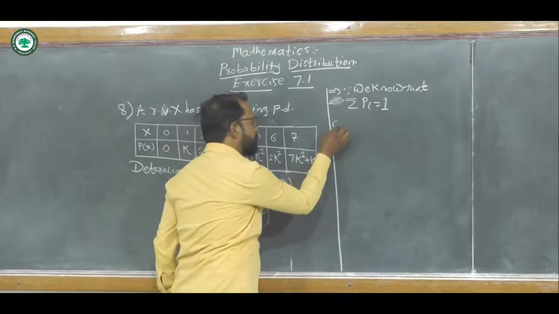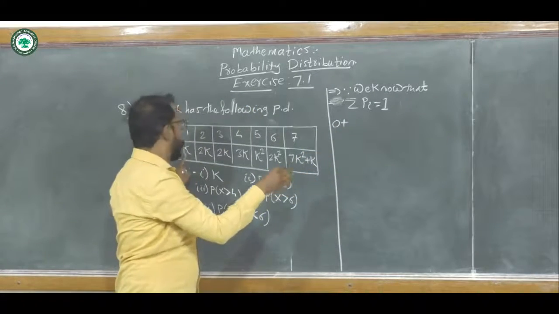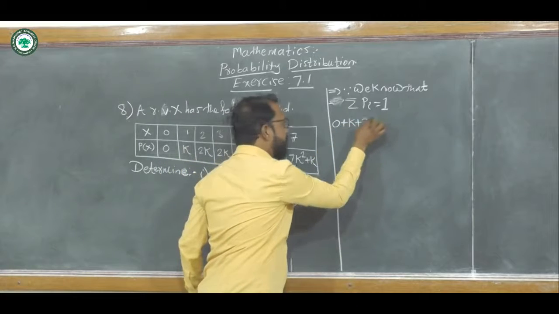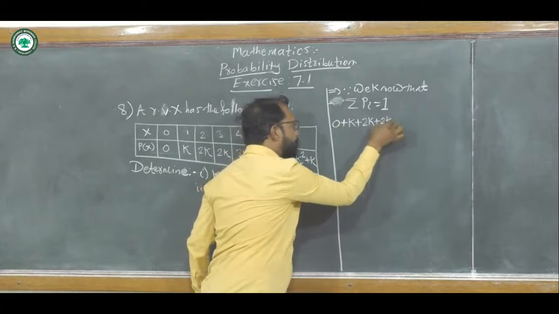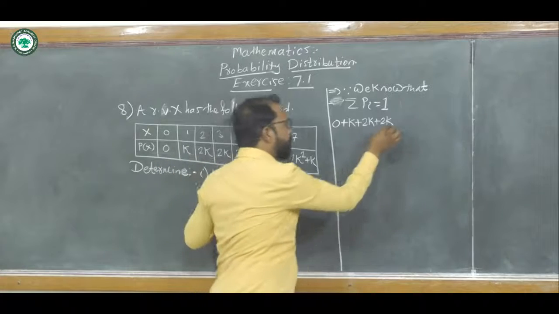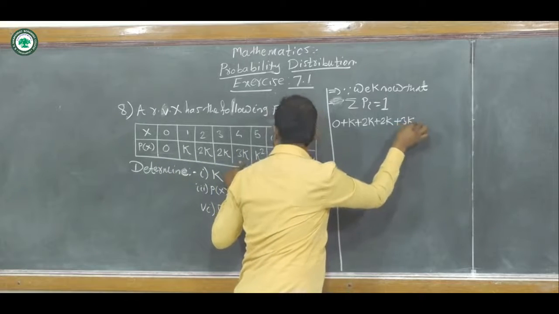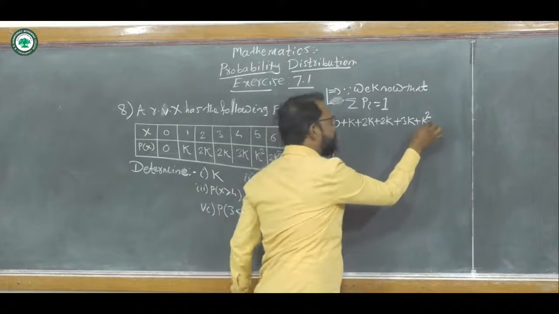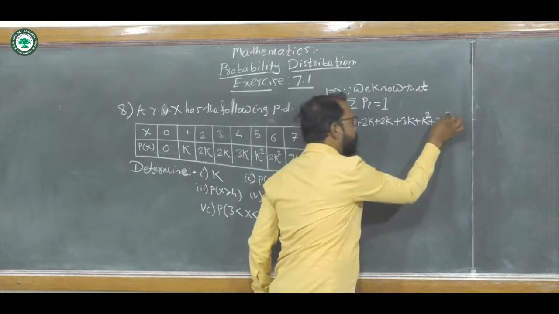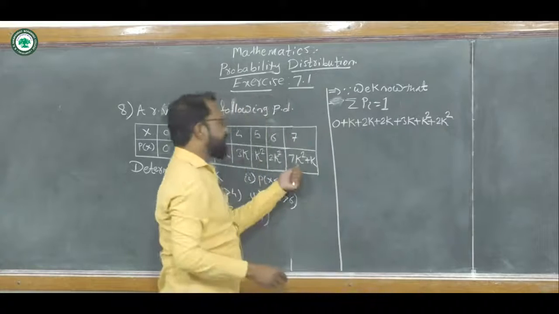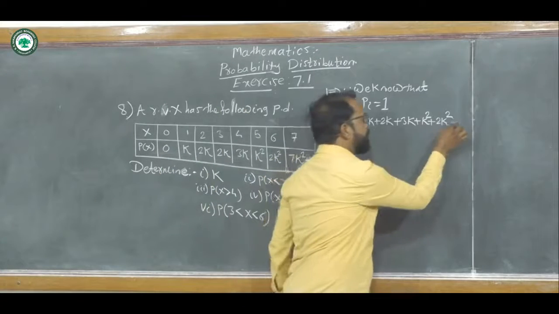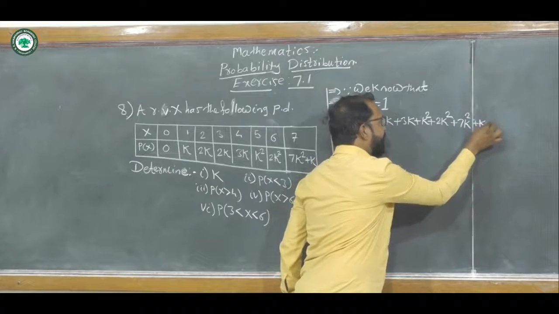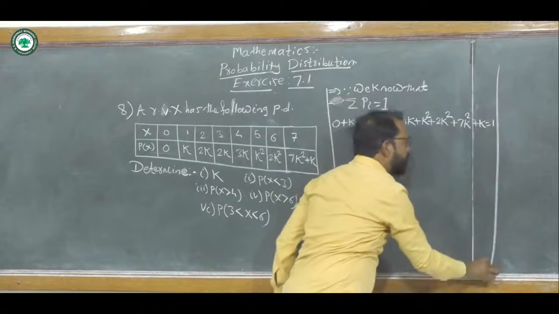So it becomes 0 plus k plus 2k, plus 2k, plus 3k plus k square plus 2k square, and lastly plus 7k square plus k equals 1.